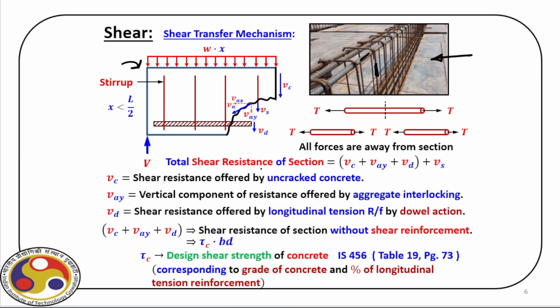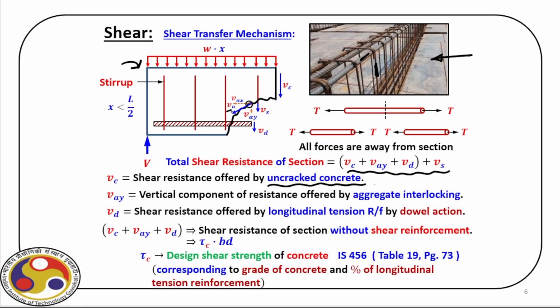Now the total shear resistance of this particular section, say we are somewhere here, at this section, is given by this expression, where Vc is the shear resistance of the uncracked concrete. Then VAY is, as you can see here, this VA. At this crack level, we have aggregates.